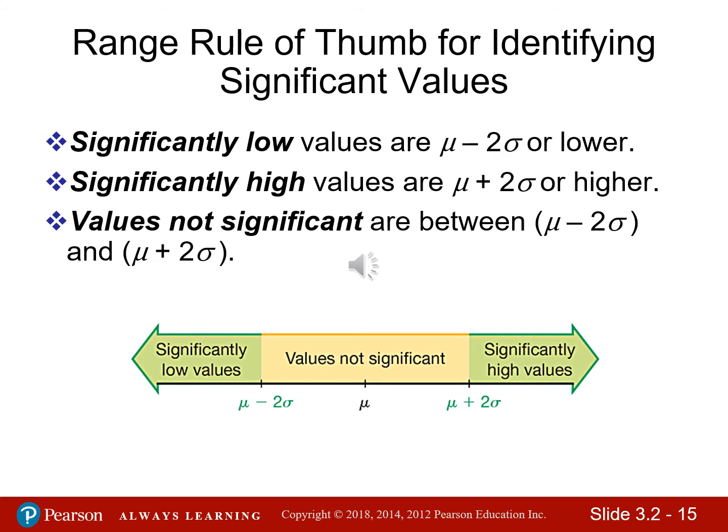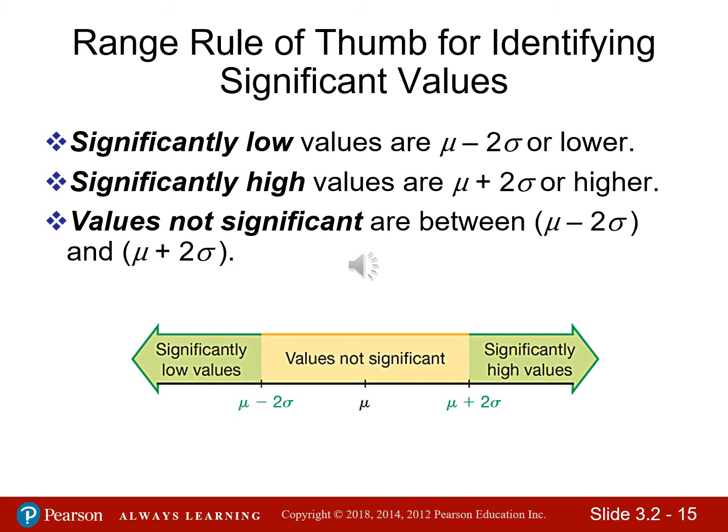This rule applies to large samples that represent the population. Since the sample is large and representative of the population, we could replace our population mean and our population standard deviation with our sample mean and our sample standard deviation respectively.